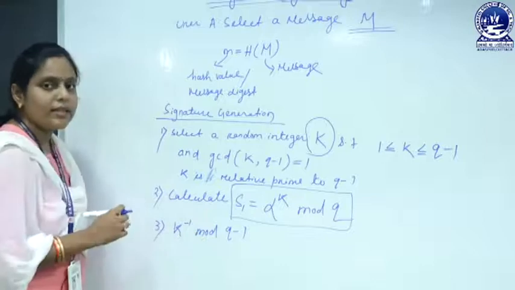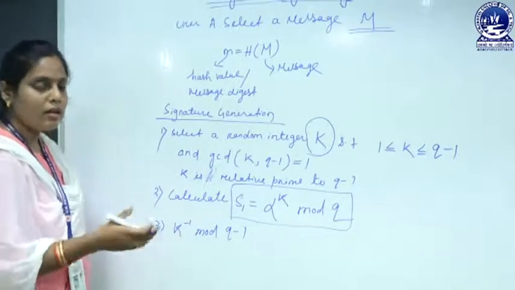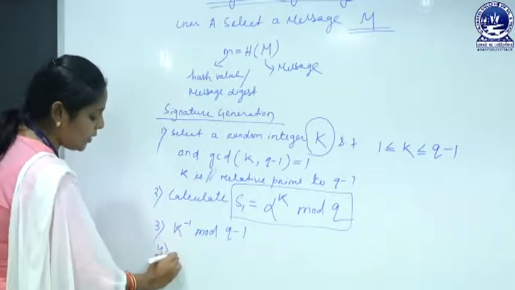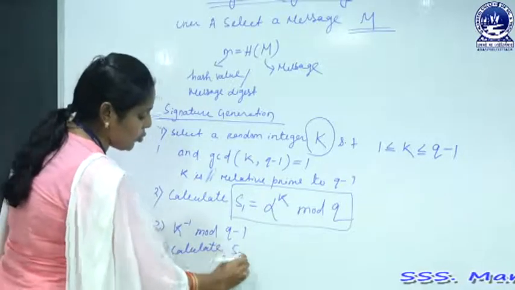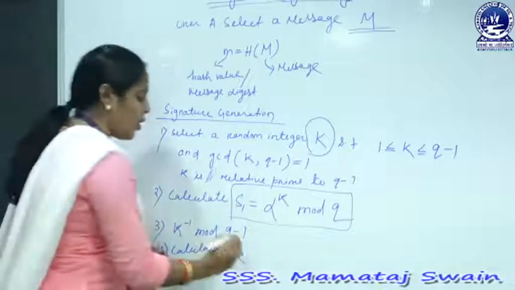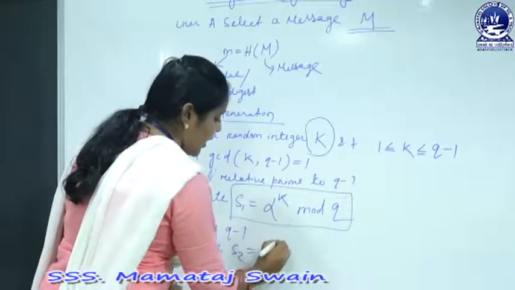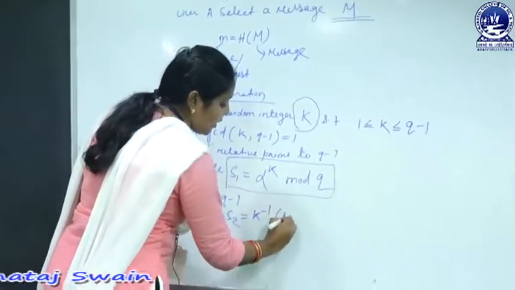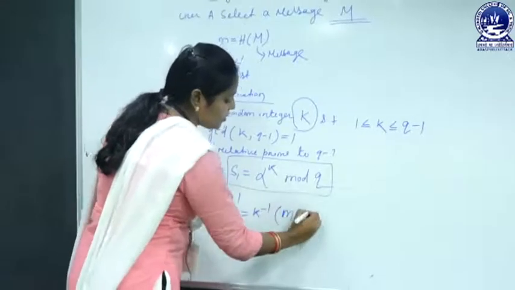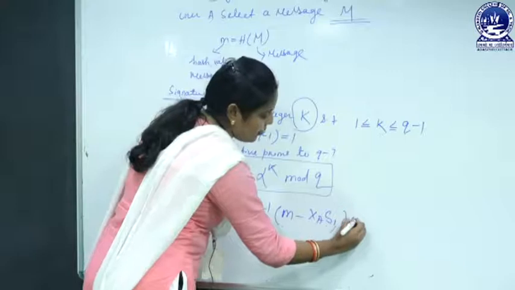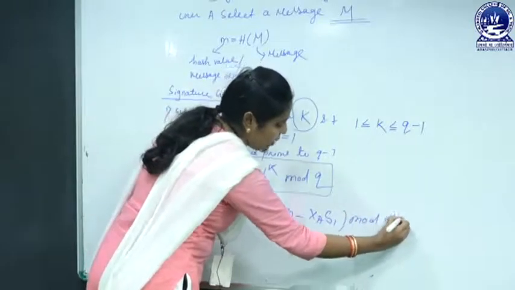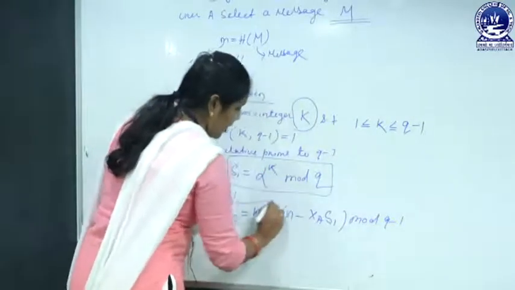After calculating this K inverse, the user A calculates S2. Here S2 is equal to K inverse times (m minus xA S1) mod q minus 1. This is the S1 value.